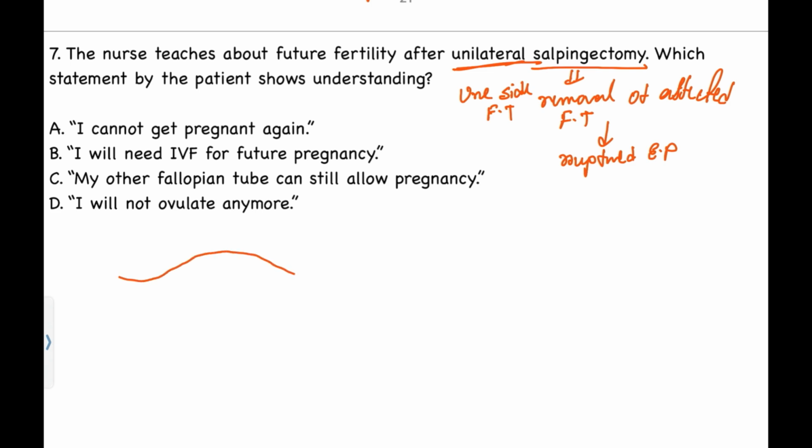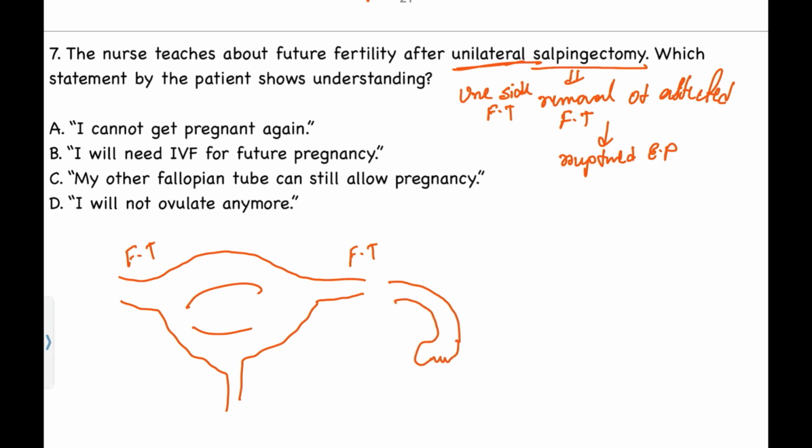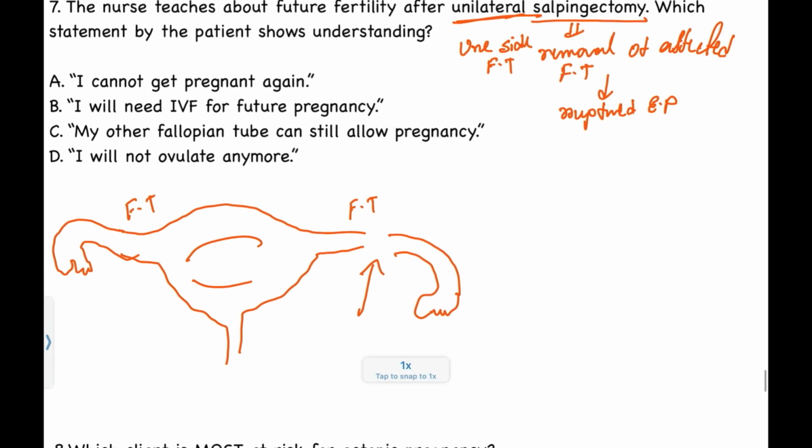Now, let's think this is a uterus, and this is one side fallopian tube, and this is the other side fallopian tube. Now you cut this side fallopian tube, unilateral salpingectomy.